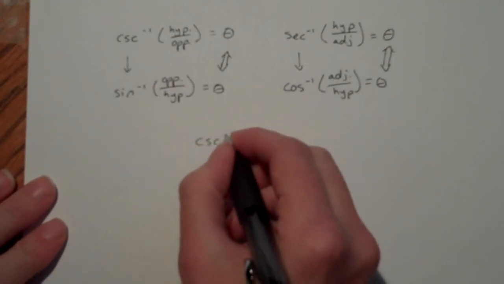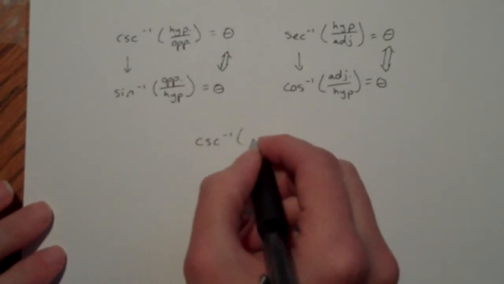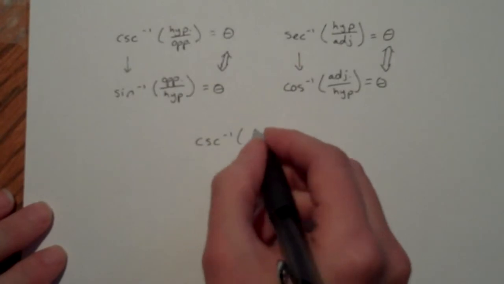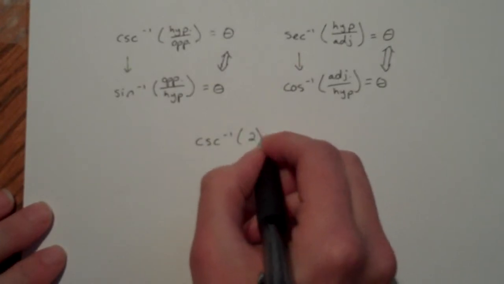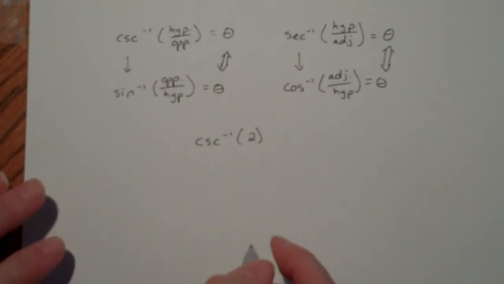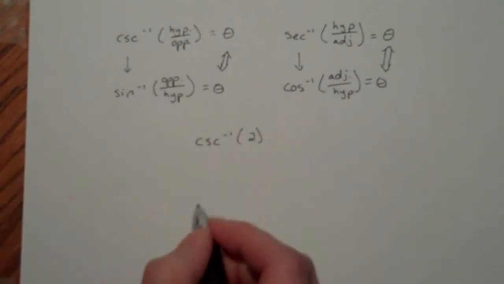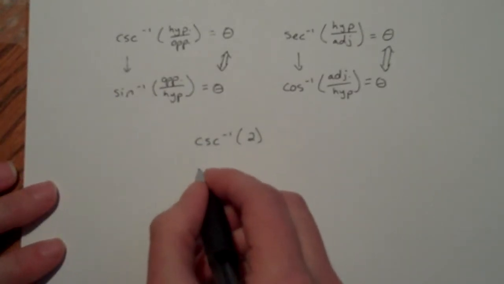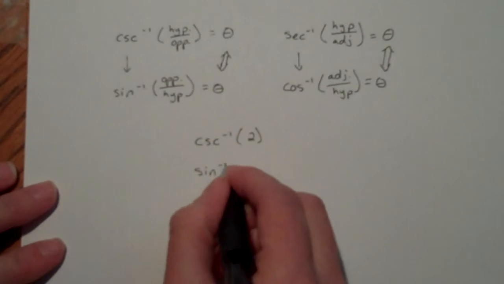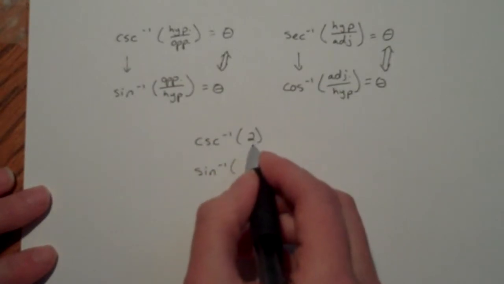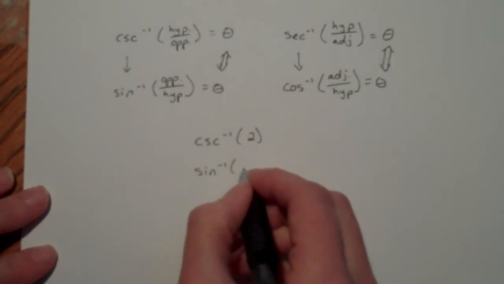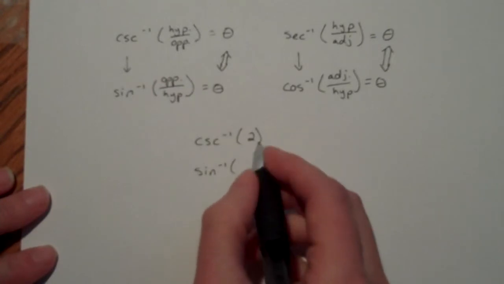So for instance, let's say I have the inverse cosecant of, let's think of a good ratio, of 2. And I want to plug that into the calculator. Well, I can't type it in as inverse cosecant. So what I need to do is change it to inverse sine, and I have to flip the 2 over. So I'm not going to write the 2 upside down, obviously.